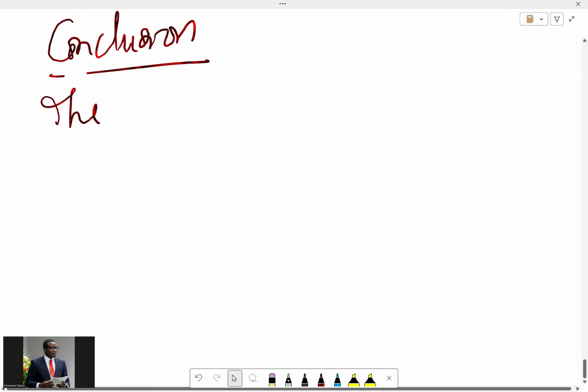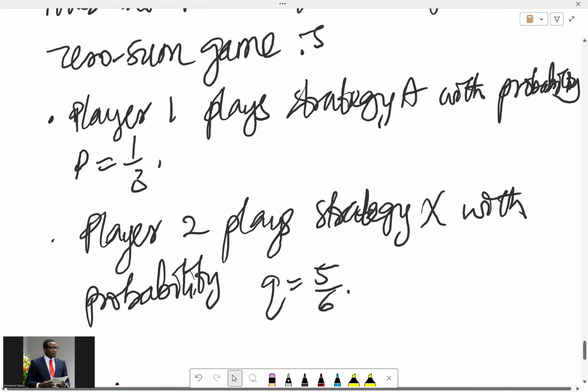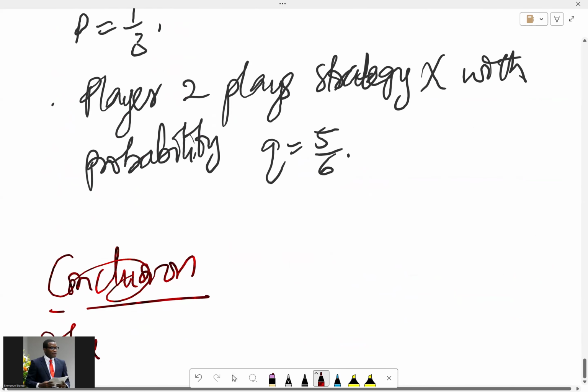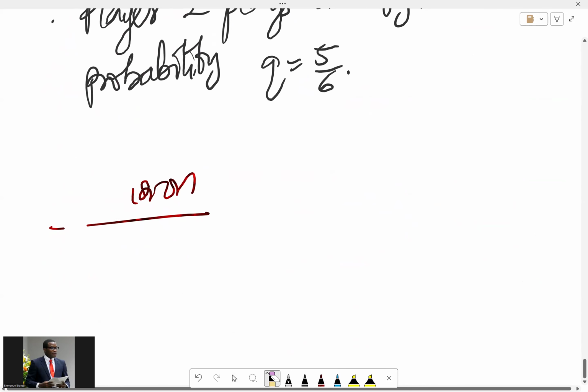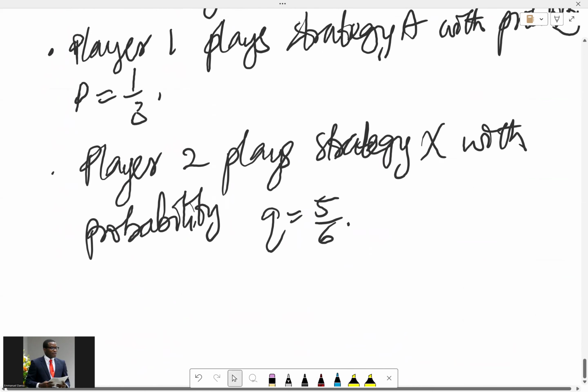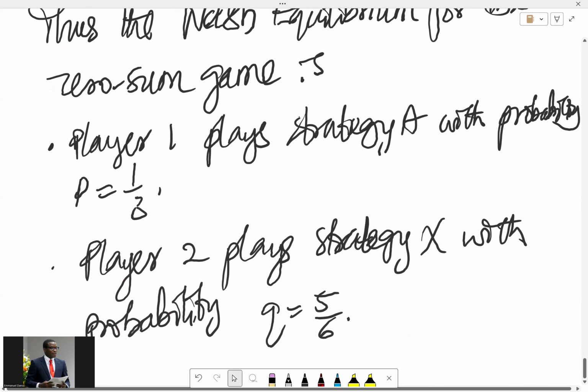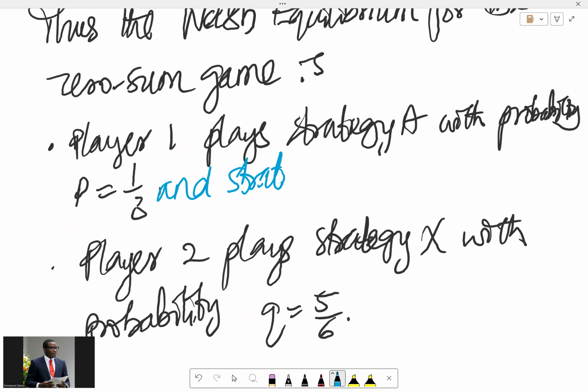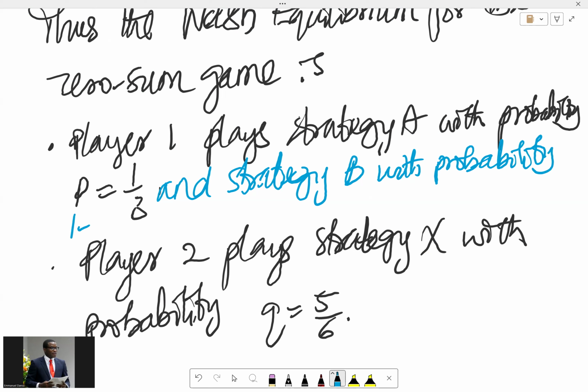So in conclusion, let me not waste time trying to duplicate this. Let me just do everything together. Player one plays strategy A with probability P equals 1 over 3, and strategy B with probability 1 minus P, which is equal to 2 over 3.